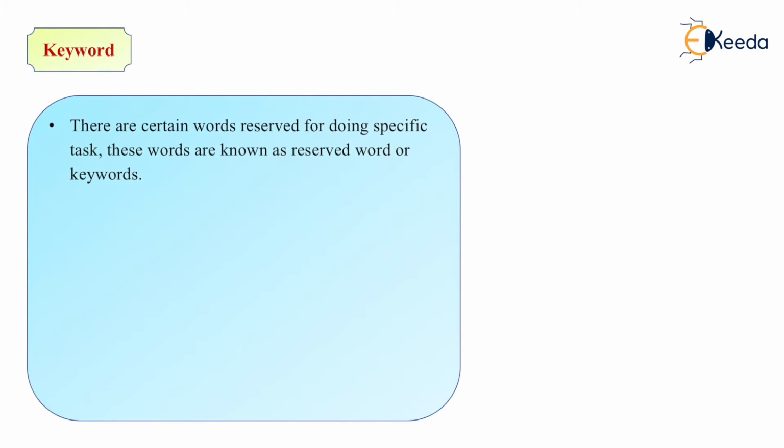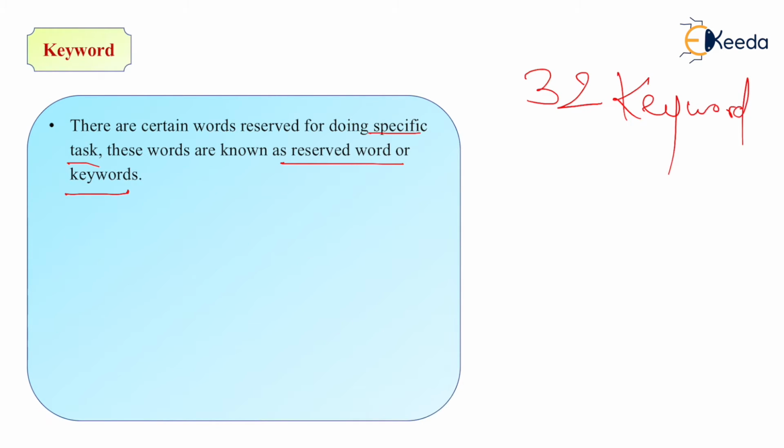Next is keywords. When we come to keywords, there are certain words reserved for doing specific tasks. These words are known as reserved words, or keywords. In C programming, there are a total of 32 keywords. Remember the number 32. Those words are reserved for a specific task.